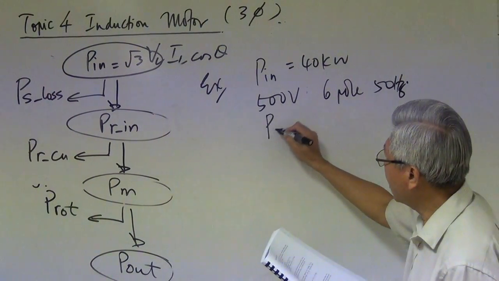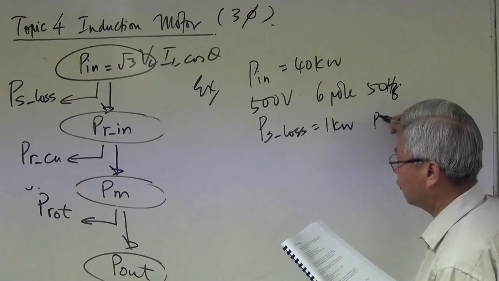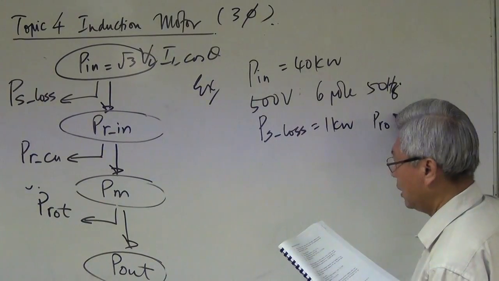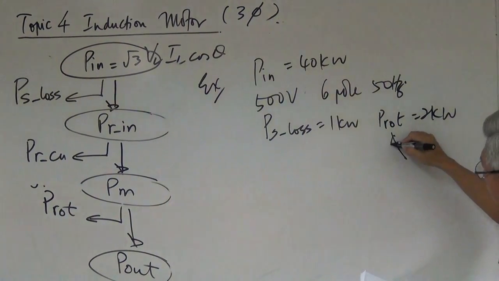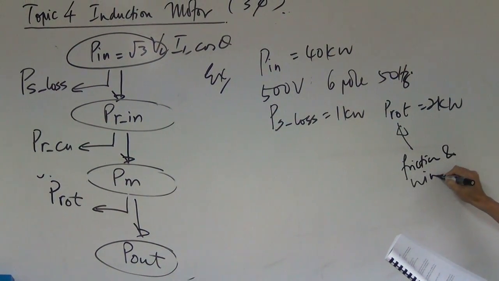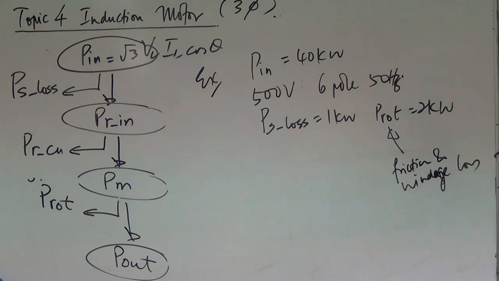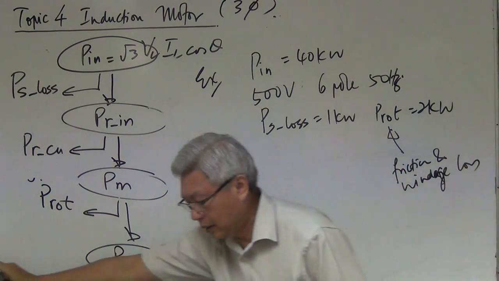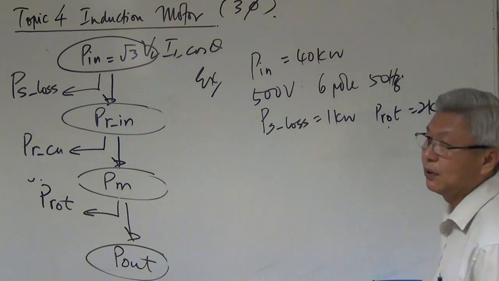And the stator loss is equal to 1 kilowatt, and the friction and windage loss is equal to 2 kilowatt. Now, another word for rotational loss is actually friction and windage loss. It means the same thing. When you see this word, it means rotational loss. So this is the question, the information given in the question.